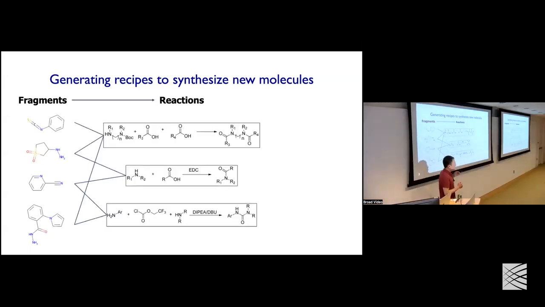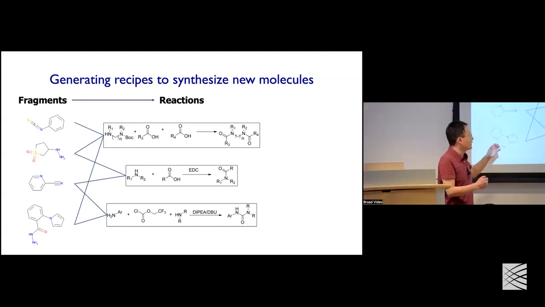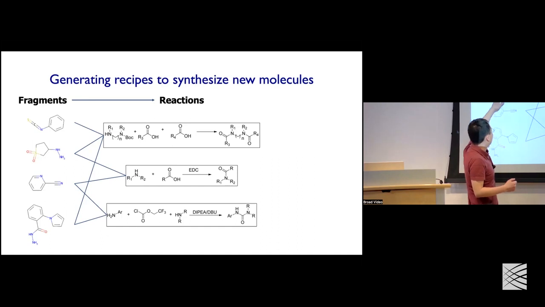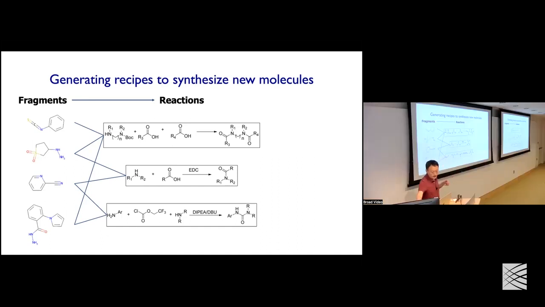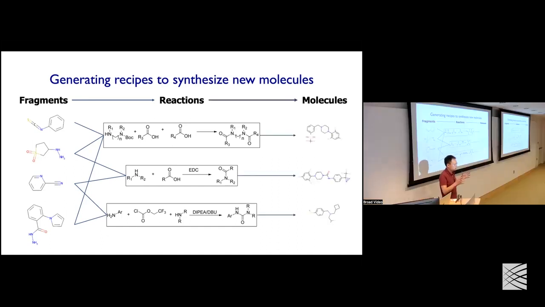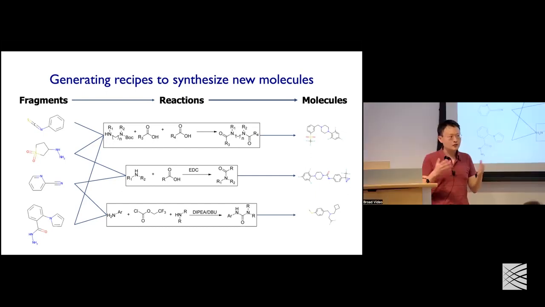Each reaction corresponds to a template that can take a subset of these fragments, and it's a rule that says if I put these two fragments together, I can create a more complicated outcome after I do this reaction. So we have hundreds of thousands of fragments and hundreds of known chemical reactions, and you can do these in combinations. Then you can have this massive space of potential molecules.